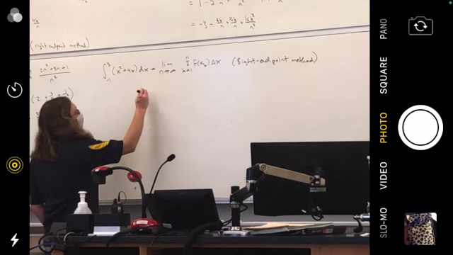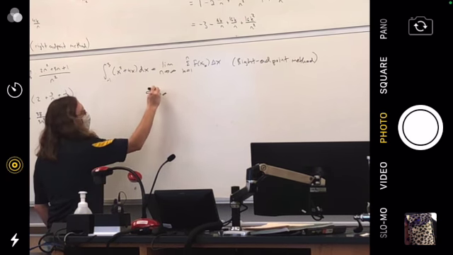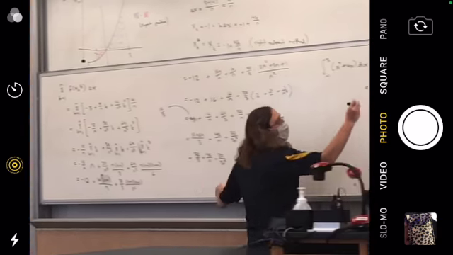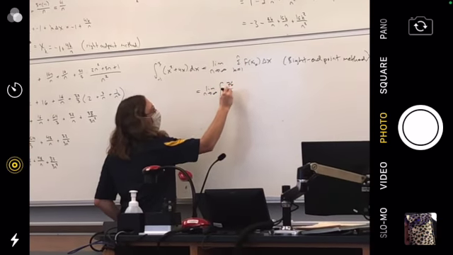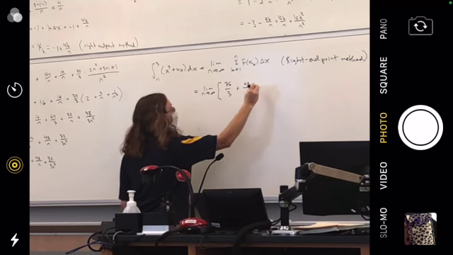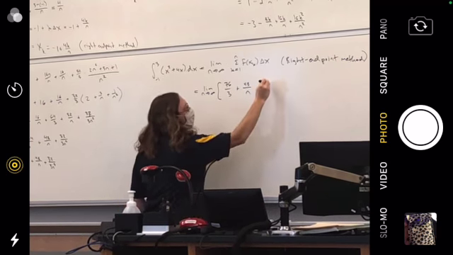So then what is that? That's the limit as n goes to infinity of what did I find? All of that is equal to this: 76 over 3 plus 48 over n plus 32 over 3n squared.